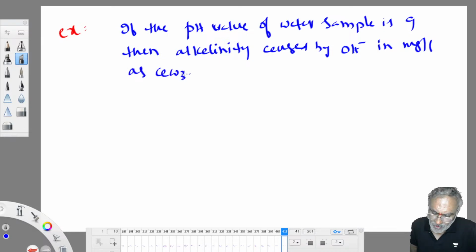Only alkalinity caused by OH. Since carbonates and bicarbonates are not given, we take them as 0. But OH minus ions are also not given straight away, indirectly given in the solution.